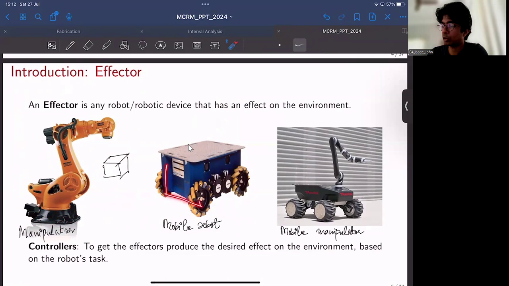Whereas in the case of a mobile robot, the effect on its environment, which is nothing but the reaction forces applied by the wheels on the ground, would be the motion of the device itself. And the mobile manipulator will have the combined attributes of manipulators as well as mobile robots. So that is what an effector is.